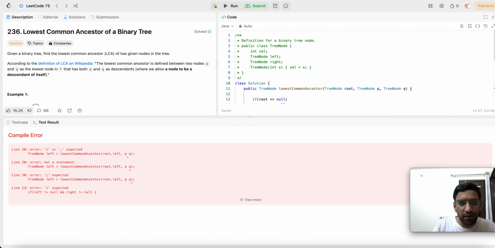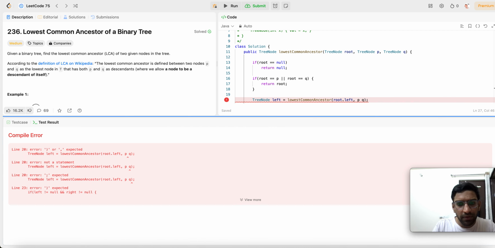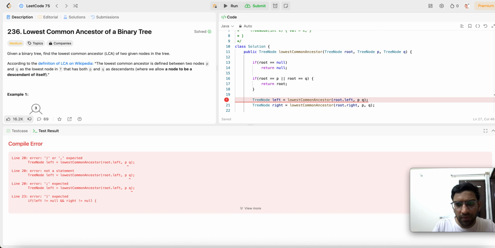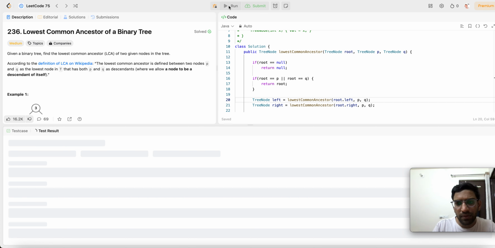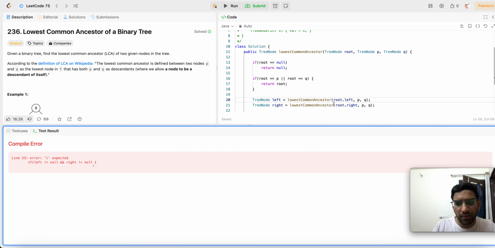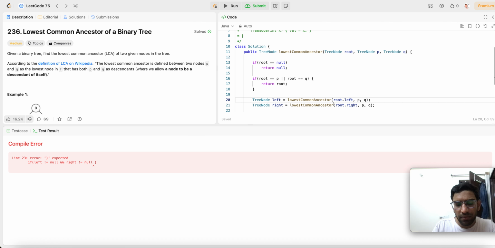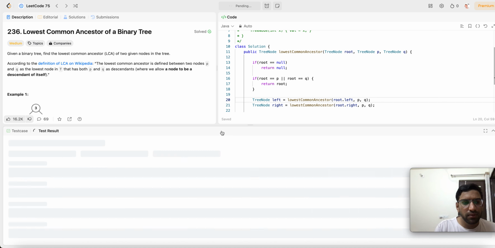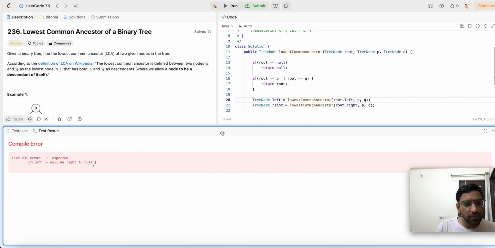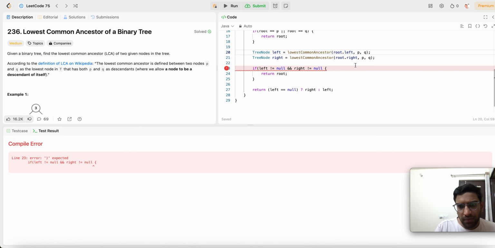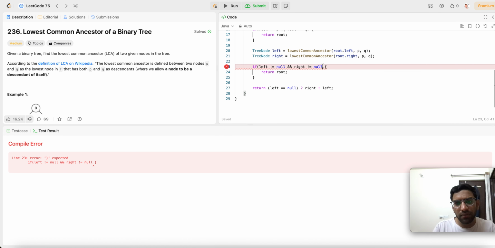We are getting some compile time error. Okay, we need to add a return here also.